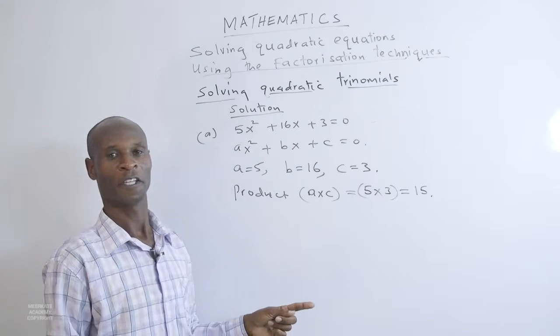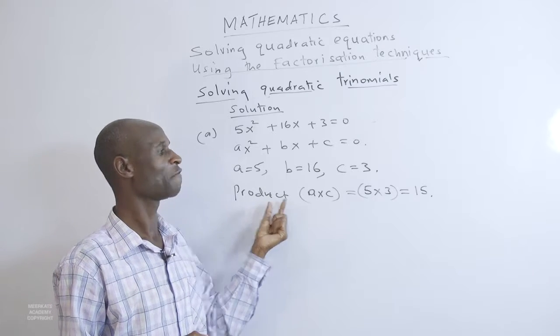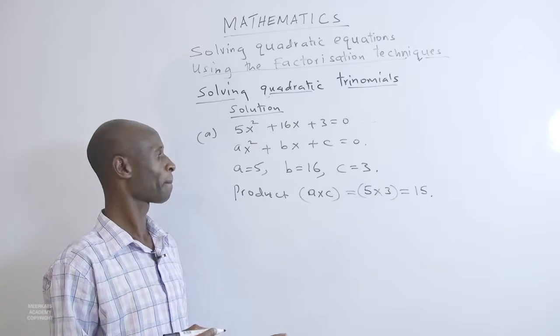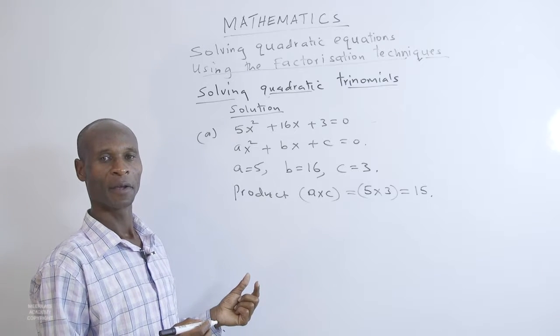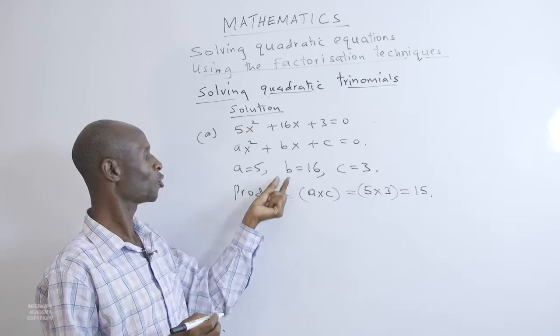That gives us 15. So we shall look at the factors of 15 by inspection method. Then, when you add the two factors, we are supposed to get b.